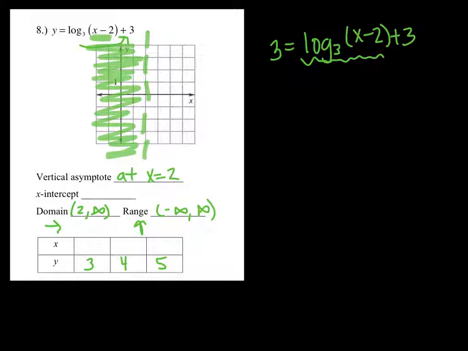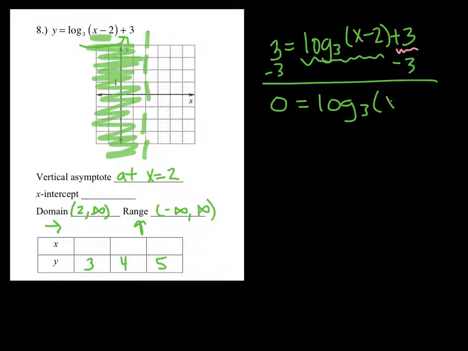We have to get rid of that plus 3. So the first step we take here is actually going to be to subtract 3. And this is why I always use that value, because when you subtract it over, it becomes 0. So now you have 0 equals log base 3 of x minus 2.